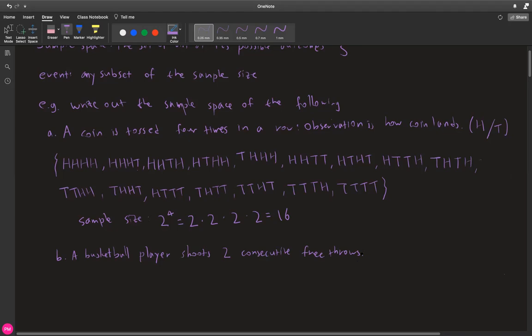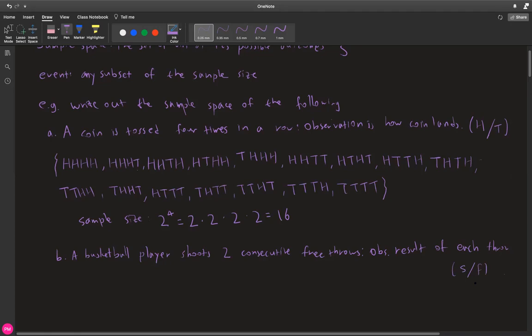And here the observation is the result of each throw. In other words, we're going to use the terminology success or failure.